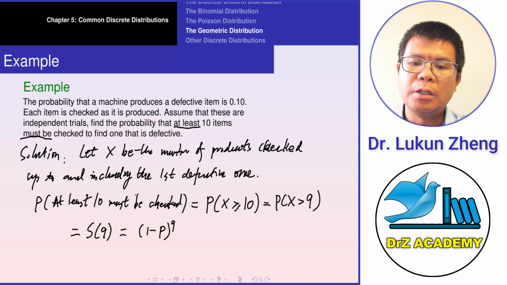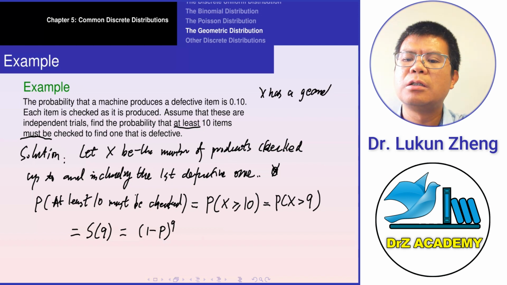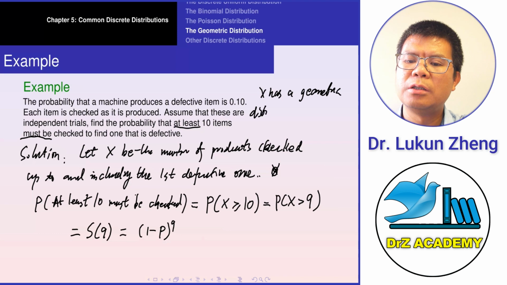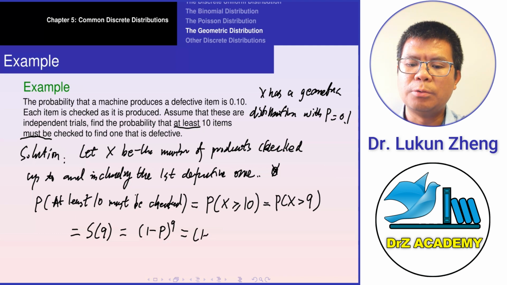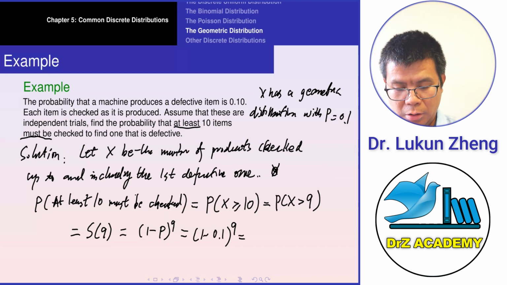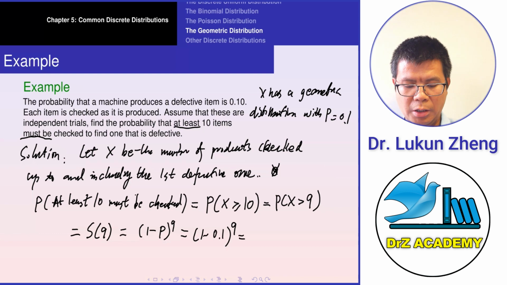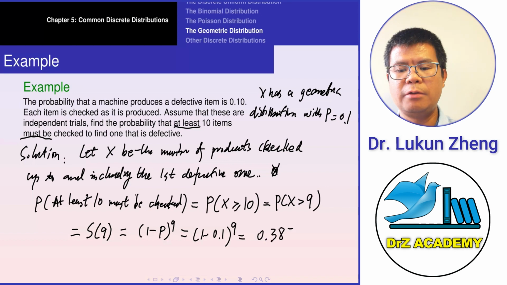Before we do that, it's better to state that x has a geometric distribution with p equal to 0.1. So this is going to be (1 minus 0.1) raised to the power 9, so 0.9 raised to the power 9, which is 0.3874.